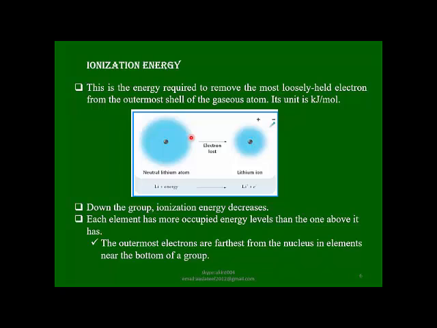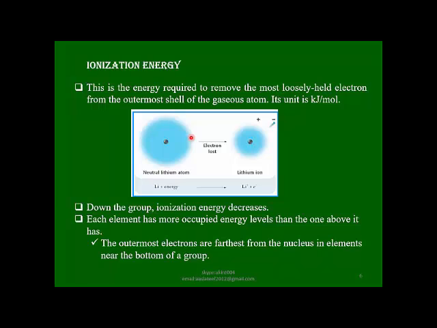Because we talked about reactivity the other time. The reactivity of metals or non-metals depends on this ease of losing or gaining electrons. So now we are considering losing electrons, and we know that metals lose electrons, but the way they lose electrons is not the same.